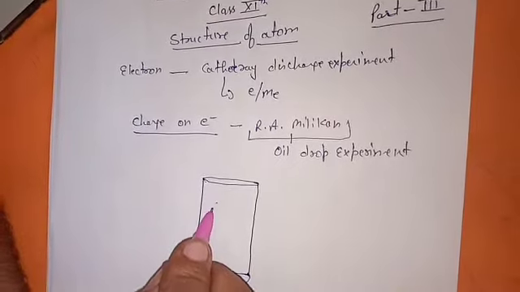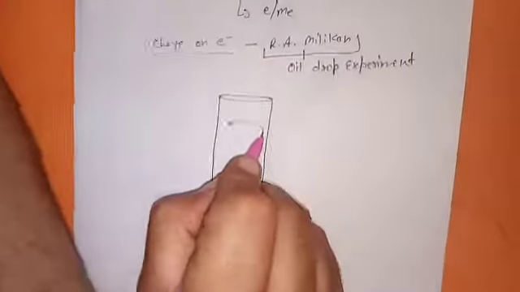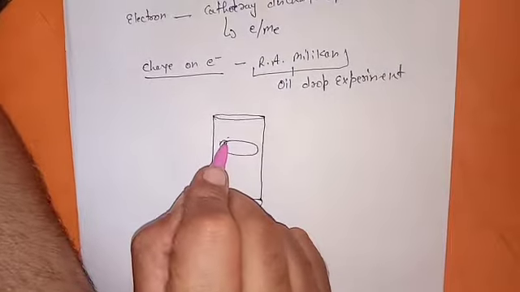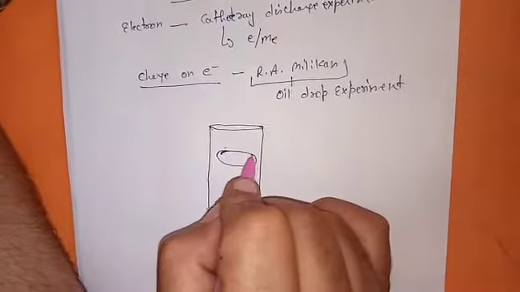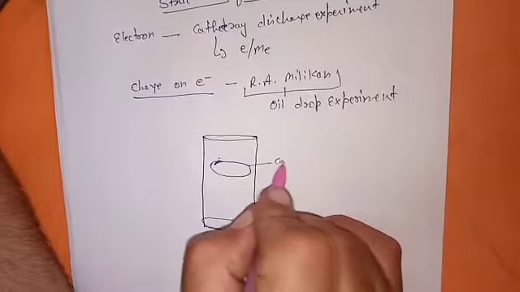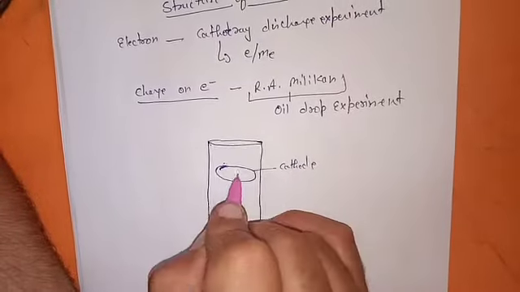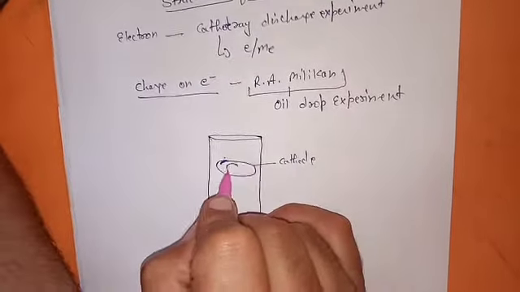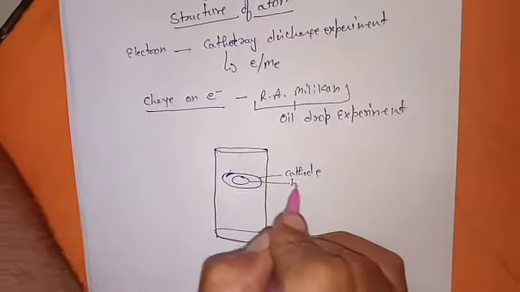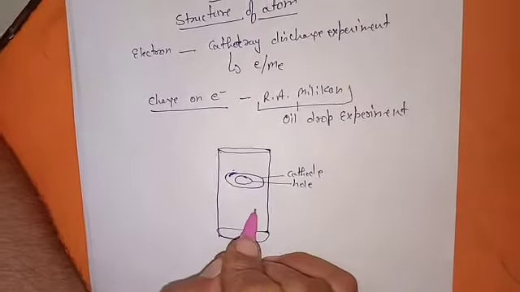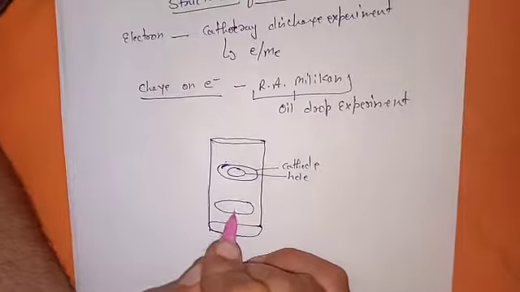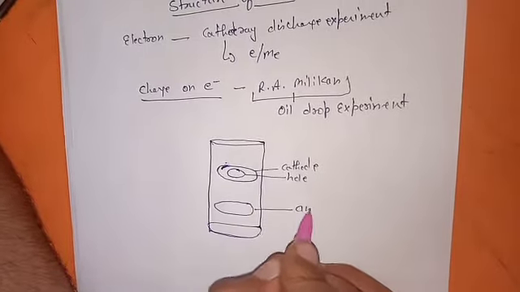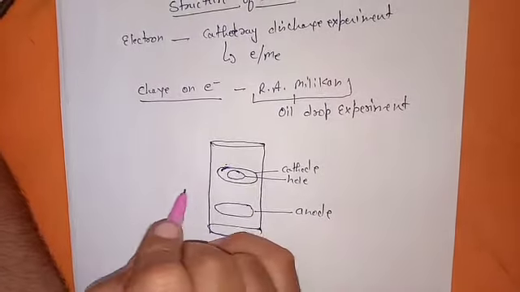they have shown a plate, the cathode, which has a hole inside it. Here is a plate known as the anode.